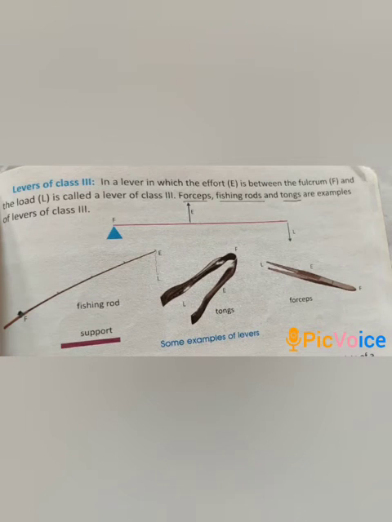Then levers of class 3. A lever in which the effort is between the fulcrum and the load is called a lever of class 3. For example, forceps, fishing rods, and tongs are examples of levers of class 3.